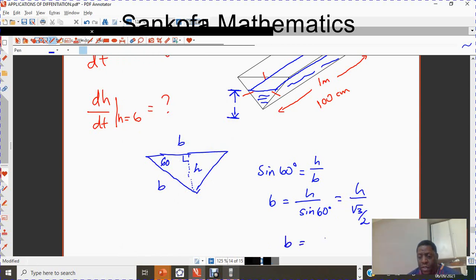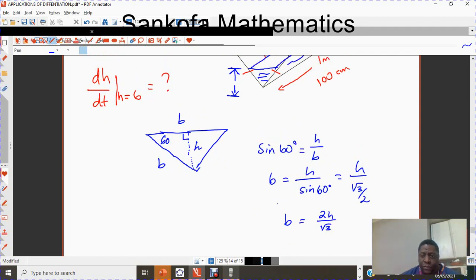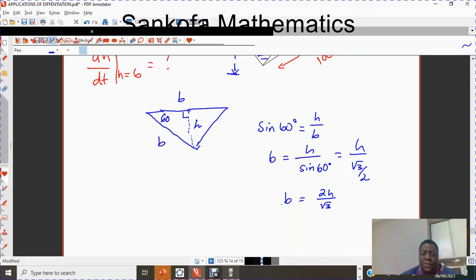So b becomes 2h over root 3. Very important that you get that concept. Now that we have that, we can actually find the area of the triangle because we know what the base would be. So the area of the triangle is a half times base times height.